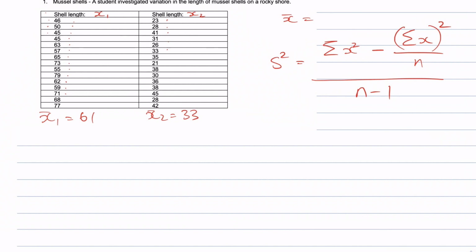Remembering that for each population, n is going to be the number of items in that population. So let's get on with that. Okay, so the way I would do this is I would add columns.